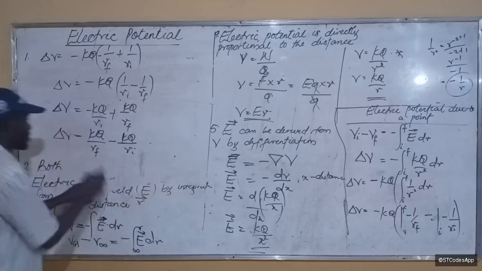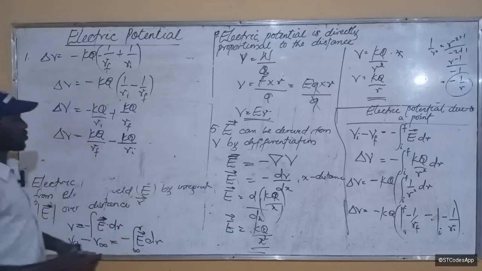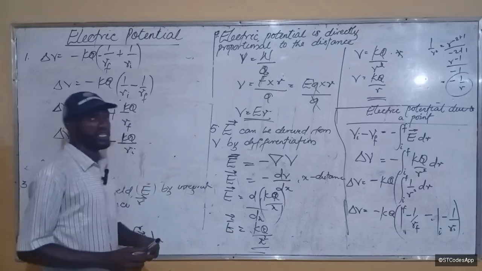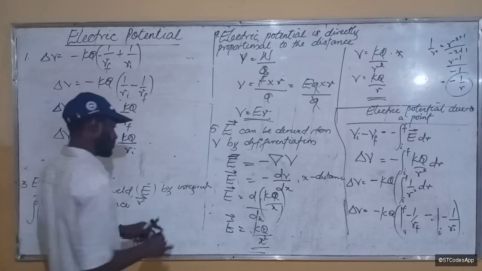You see it became positive back, such that we are subtracting initial from final. So this is the electric potential between 2 points.